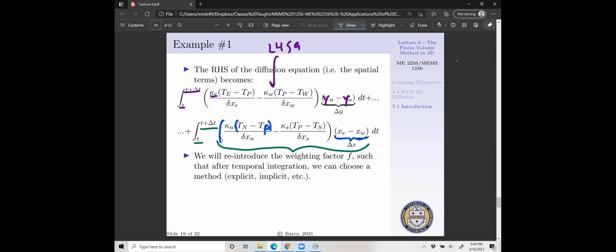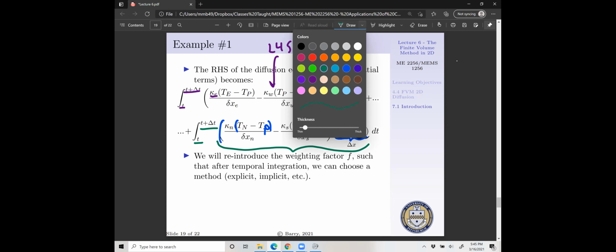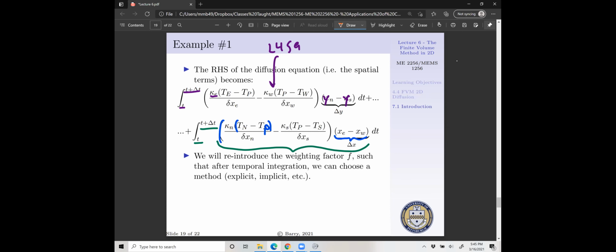So right now, if we do a comparison to lecture 4, and we look at slide 9, the only thing new from 1D is this delta x, sorry, that delta y, and this delta x.